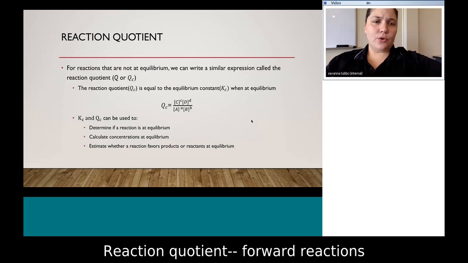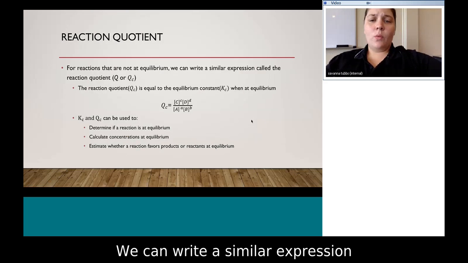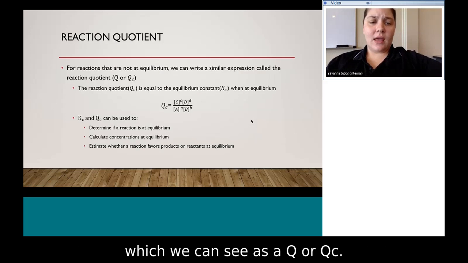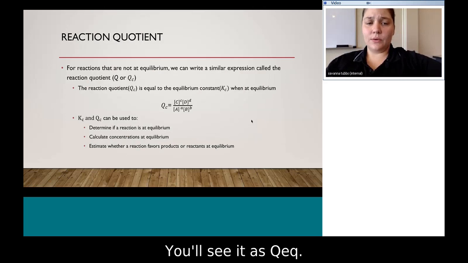Reaction quotient. For reactions that are not at equilibrium, we can write a similar expression to the equilibrium constant called the reaction quotient, which we can see as a Q or Qc. Sometimes you'll see it as Qeq.